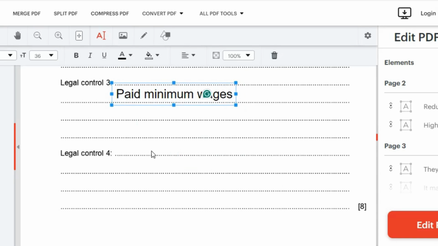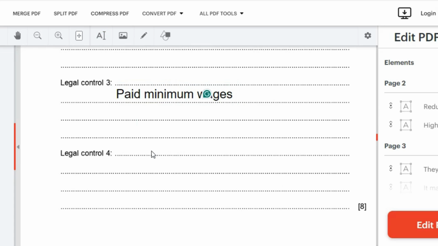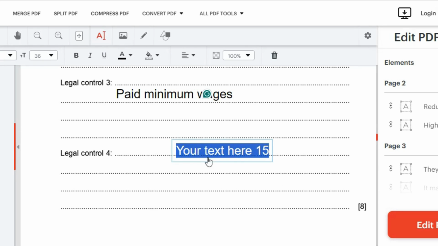Now to legal control 4, we also have the health and safety laws that protect against injury at work. Health and safety.